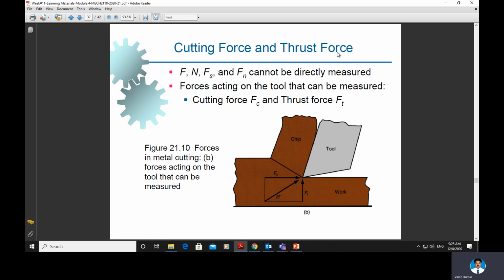So, cutting force and thrust force. As I explained before, cutting force is the force in the direction of cutting, represented by Fc.